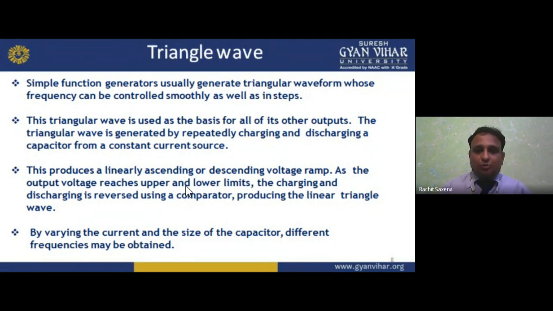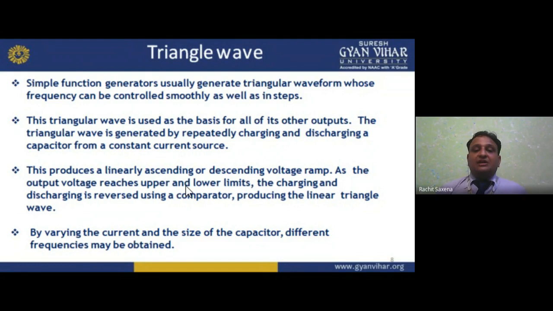Now, how can we generate this type of wave, my dear student? We can generate it with the help of a capacitor through its charging and discharging from a constant current source.